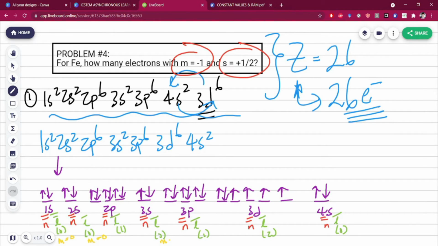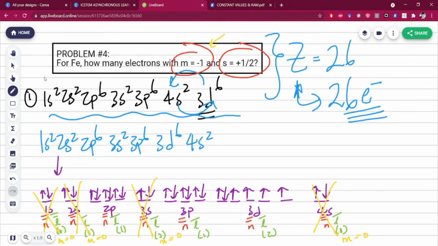This one is m equals to 0. This one m equals to 0 as well. So when m equals to 0, automatically you do not have m equals to negative 1. So these orbitals, s orbitals, will be dismissed. Okay, you don't have to look at that one.